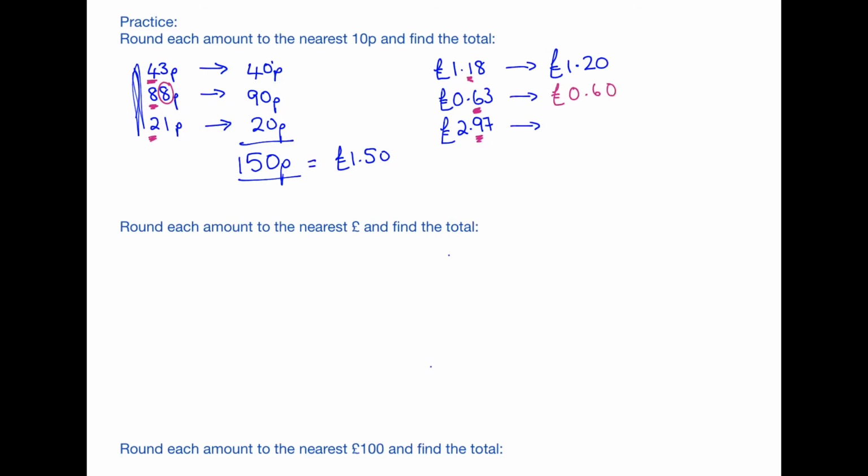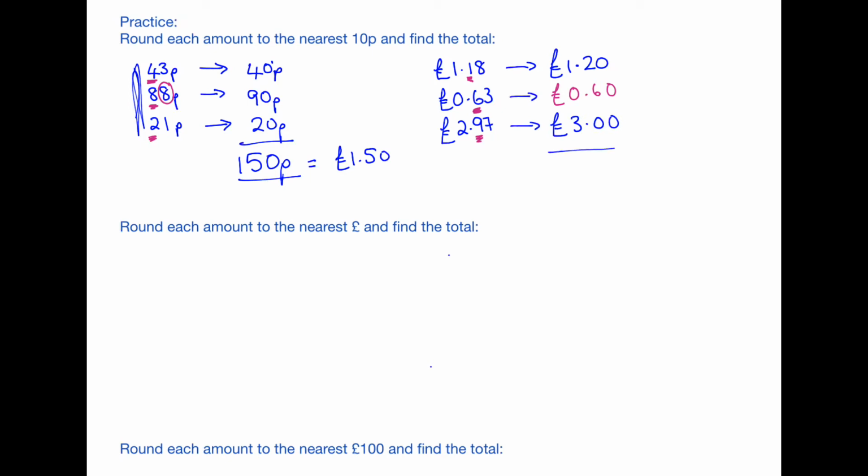But the 7 tells us to move that 9 up one. So we can't move 9 up one. We've got to go across the decimal point there. If you think about it, if you were counting out 10 pences, from £2, you'd have £2.10, £2.20, £2.30, £2.40, £2.50 and so on. Then you get to £2.90, and after £2.90 it will be £3. So that's what we round this one to.